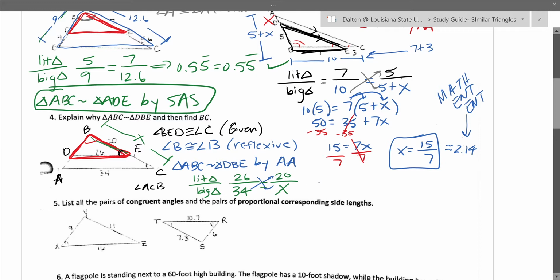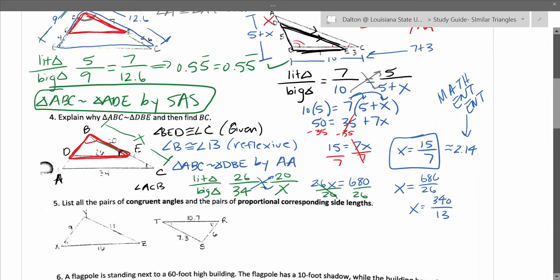So then I'm going to get 26x is equal to 34 times 20, which is 680. And then if I divide both sides by 26, I end up with x. Let me get my blue color back. X is equal to, if I reduce 680 over 26, I'm actually going to end up with 340 over 13.